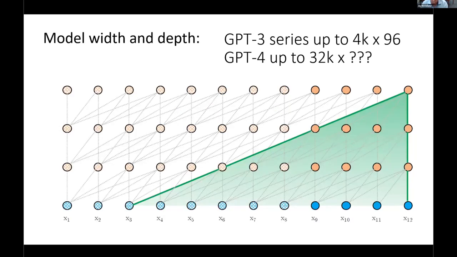This schematic is very approximate, of course, but tries to give a sense that these models can be of various scales. So the GPT-3 series allowed the input length to be up to 4,000 word parts long of previous text tokens.